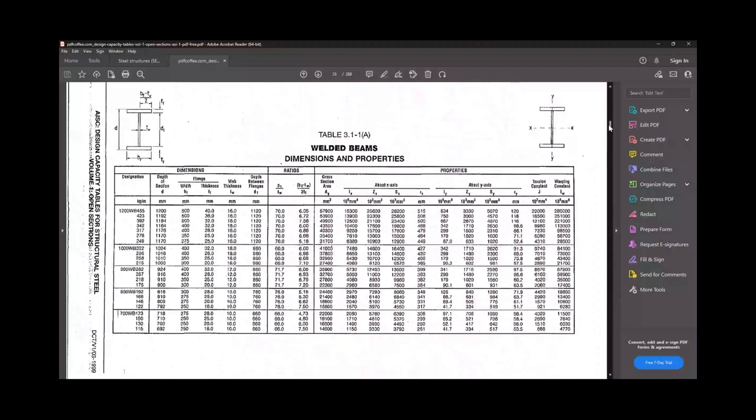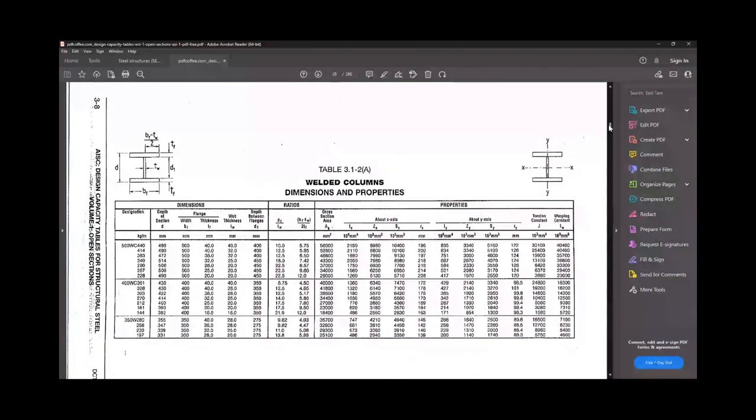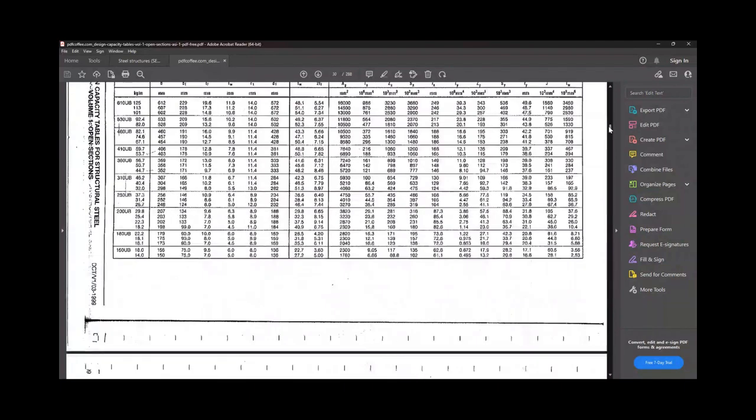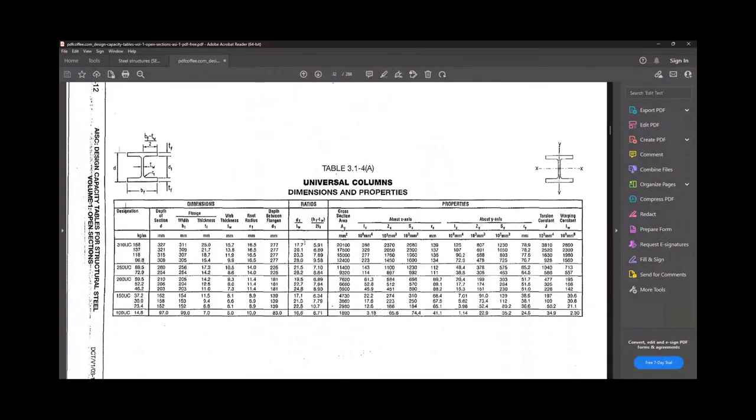This table is for welded beams, but the section given in this example is UC, which is universal column. So I will go to universal column. This is universal beam, and this is universal column. So here is the section we are looking at.